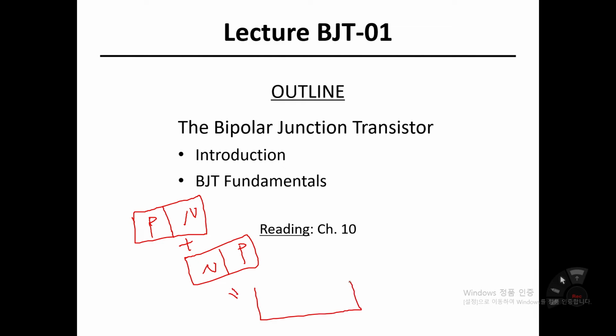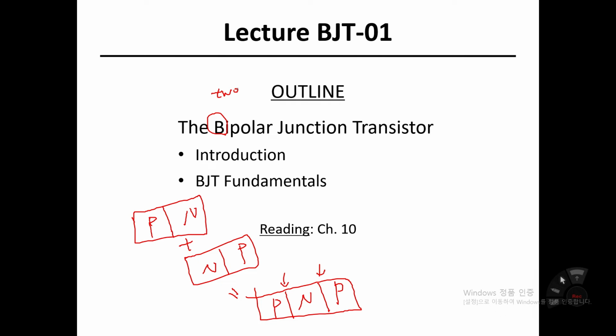Then we may imagine this PNP junction. Since there are two different junctions in this PNP, we can call it bipolar. Bi indicates two, right? So we have a bipolar junction.